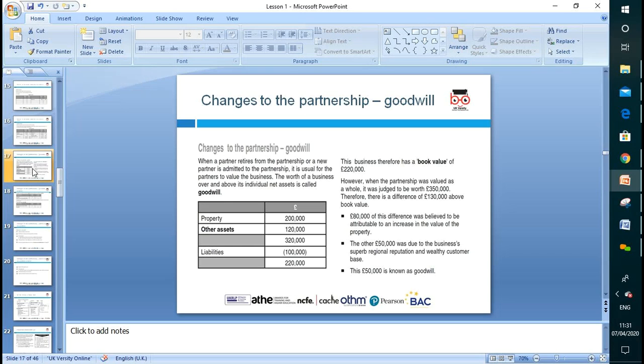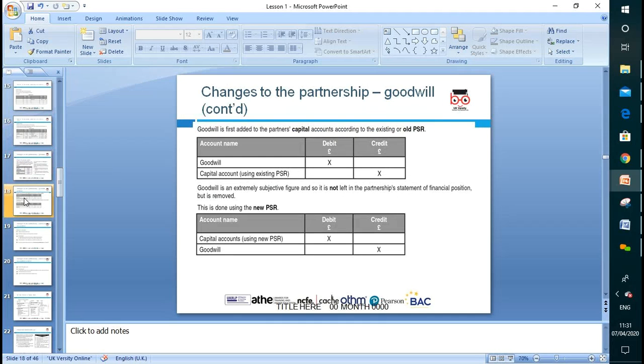However, the business is valued as a whole, the worth is 350. So the difference of 130 above the book value is called goodwill. That goodwill we can distribute between the partners according to the old ratio. So when we create the goodwill, first we debit goodwill and credit their capital according to the old sharing ratio between partners.